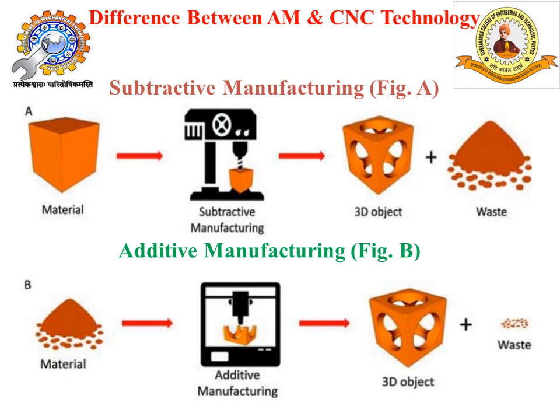We get a 3D object wherein the material is removed from the block, and finally we have certain waste which comes out of the raw material, and finally we get the part. A similar process is applied in additive manufacturing, but here what we use is the reverse of the process. The material is taken in the form of a powder, liquid, or any other form, and that is subjected to additive manufacturing, wherein, as the name itself indicates, adding takes place.